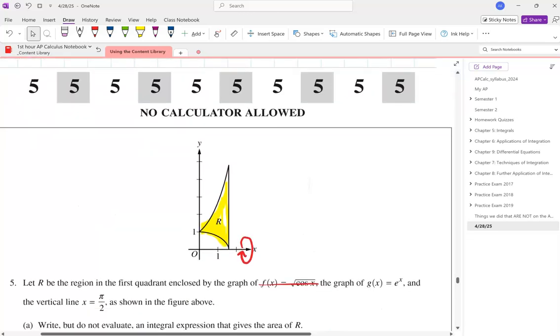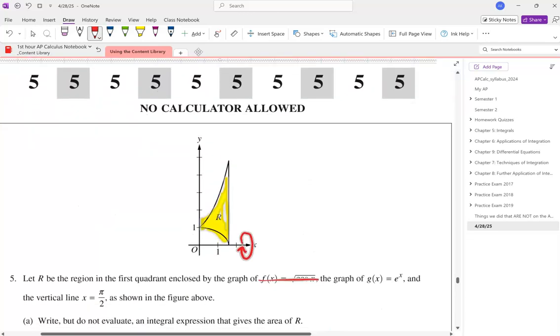Okay, so if I draw my picture, I'll pick an arbitrary x value. So this is like my R inner, and that's like my R outer.